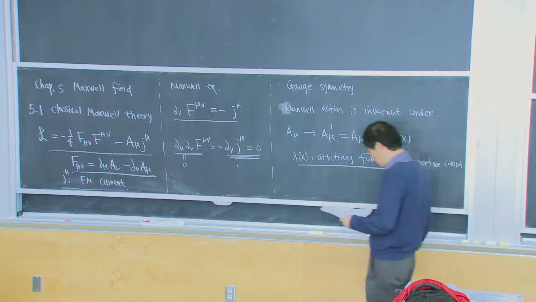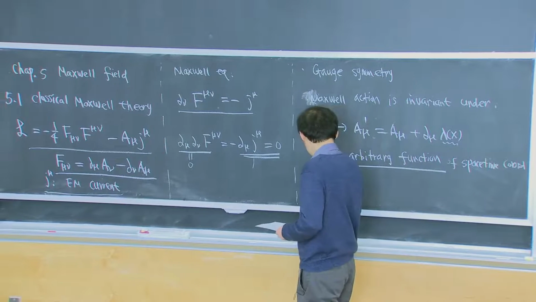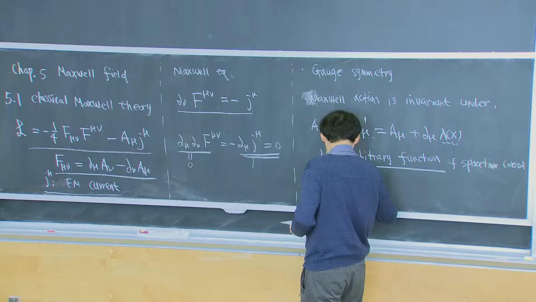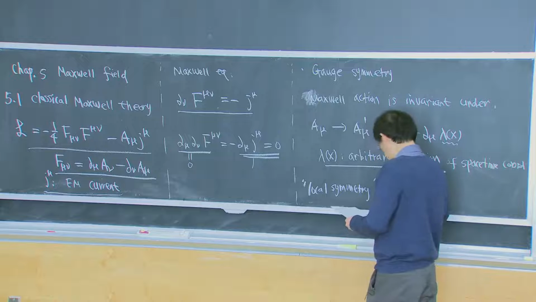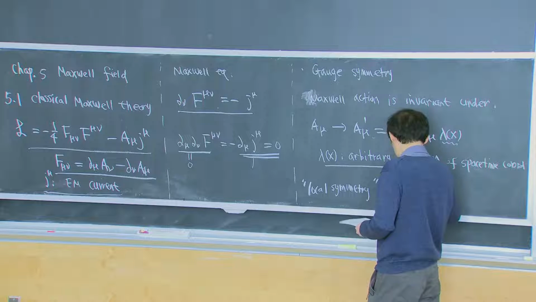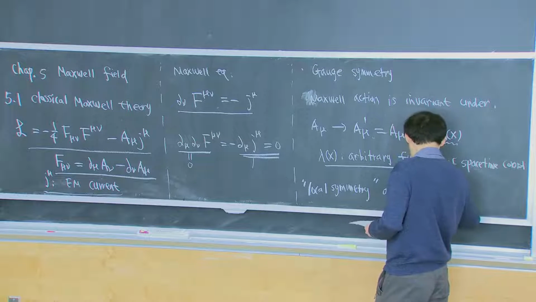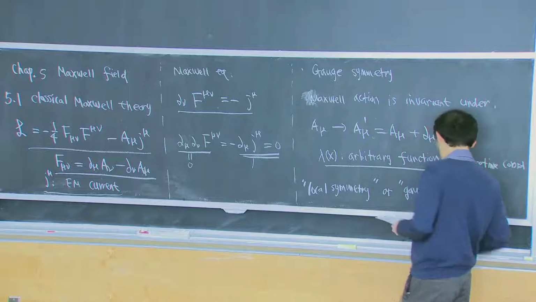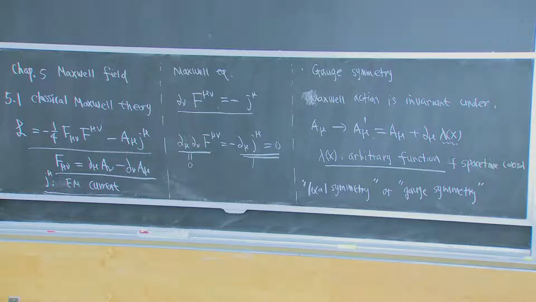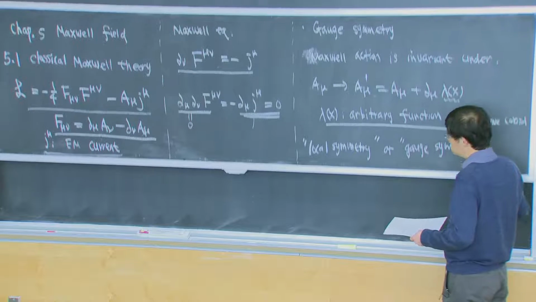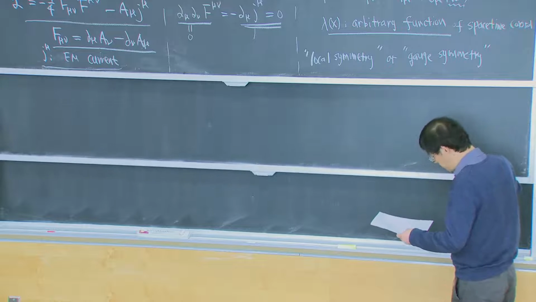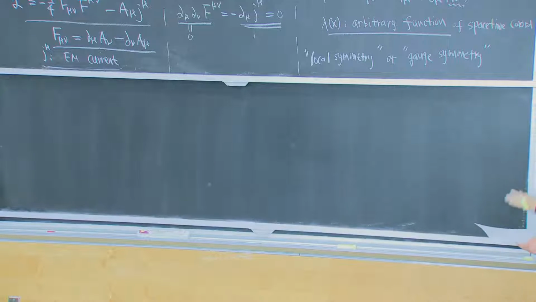That's why this is called the local symmetry, sometimes also called, for historical reasons, the gauge symmetry, in contrast to the global symmetry we encountered before, whose transformation parameters are space-time independent.